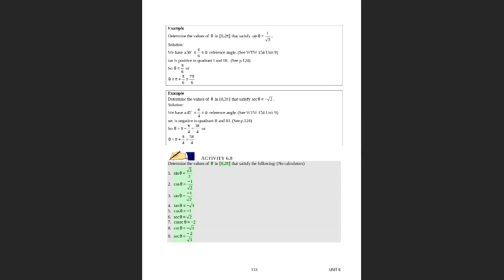Oh, yeah. So here sin theta equals root 3 over 2. You first have to find theta.